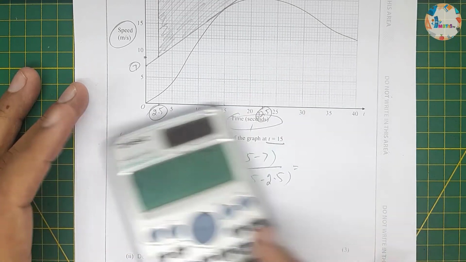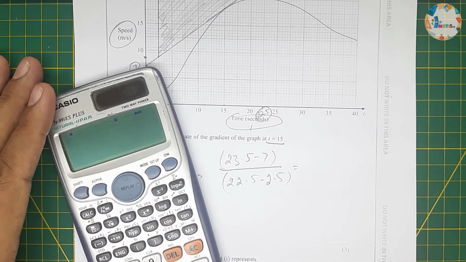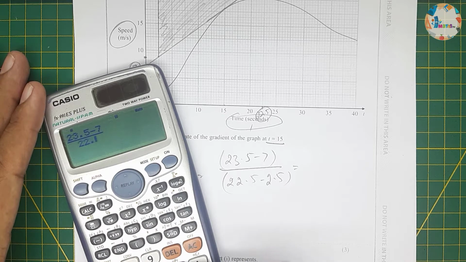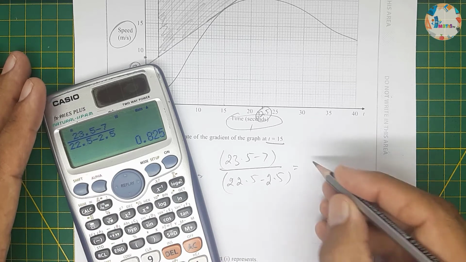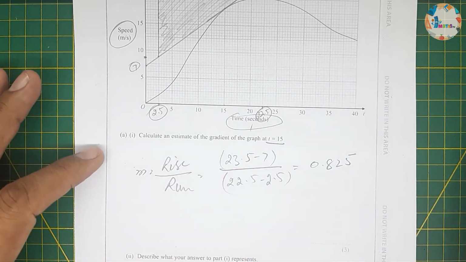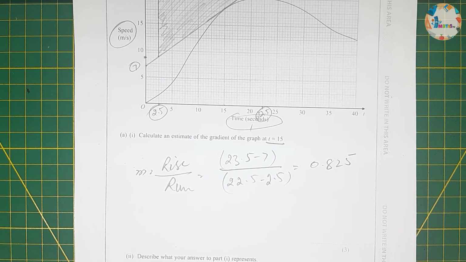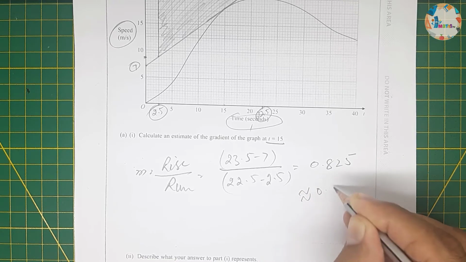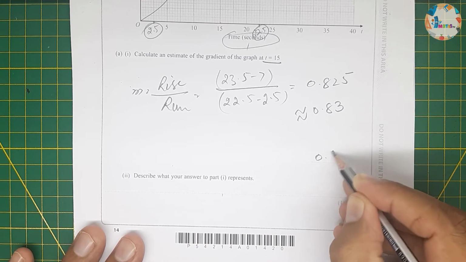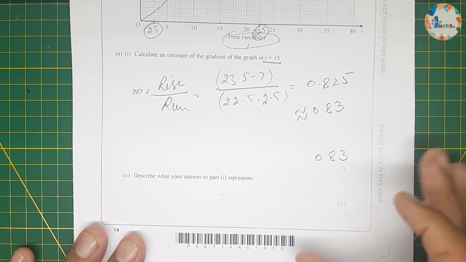Now we can calculate this. This will be 23.5 minus 7 over 22.5 minus 2.5, and this will give us 0.825. 0.825 is basically the gradient at this point, or we can round it to 0.83, and this will be our gradient, 0.83.